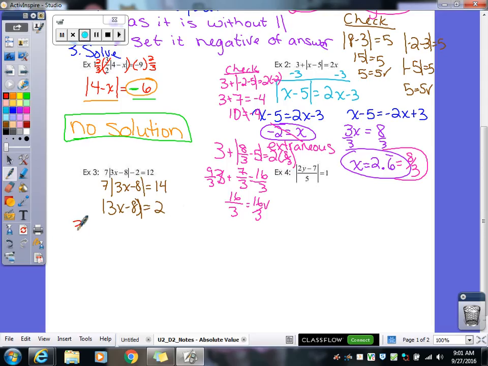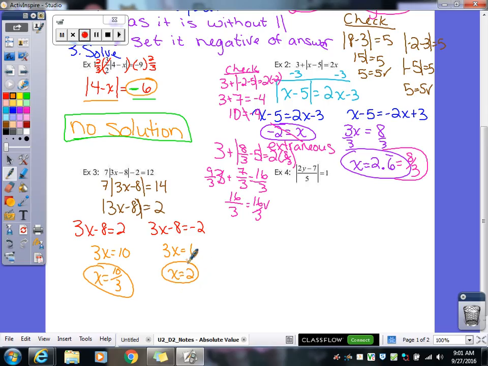So now we can create our two equations: 3x minus 8 equals 2, and 3x minus 8 equals negative 2. So I'm going to add my 8 over, and I get a 10. Divide by 3, and I get 10/3, or you could write it as the decimal form, which would be 3.3 repeating. Over on the other side, add my 8 over, and I get a 6. Divide by 3, and I get a 2.